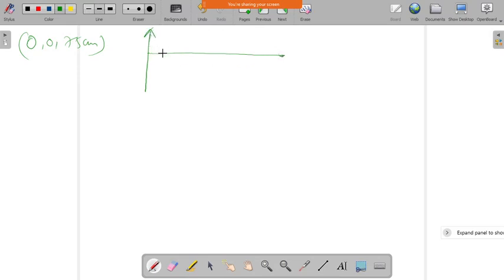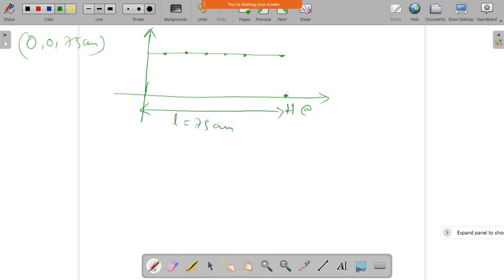This is the solenoid and this is your z axis, and we have to find H exactly at 75 centimeter. Now this is A and this is also A.